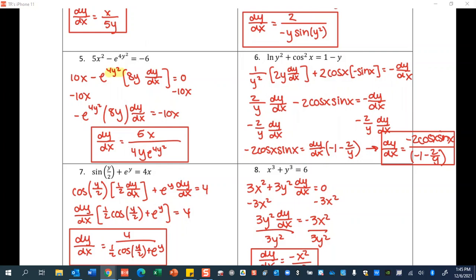Alright, let's talk about 6. Natural log of y squared puts y squared in the denominator when I take the derivative. Then I have to take the derivative of this function inside. So that's how I get 2y dy dx.